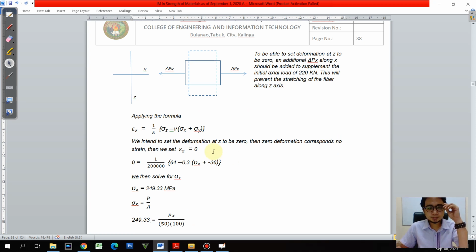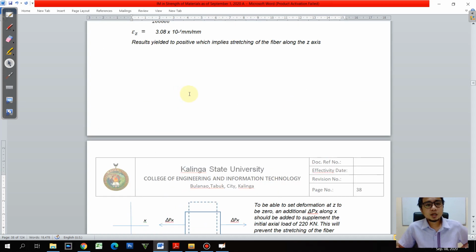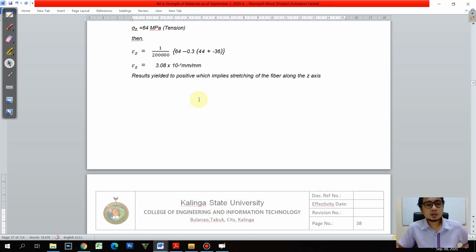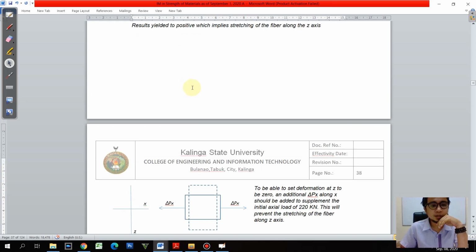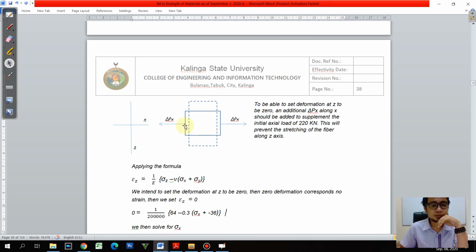Okay, so applying the formula. All we solved here was to determine whether the z-axis elongated or shortened, so that we know whether we need to stretch or compress the longitudinal axis, which must be reversed in order to have a strain equal to 0.